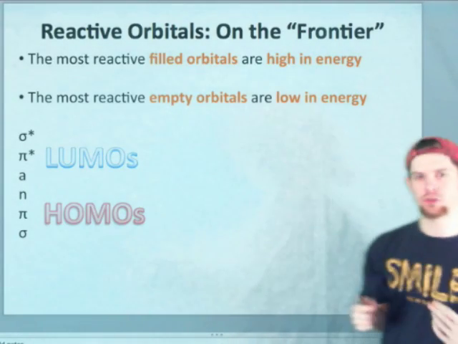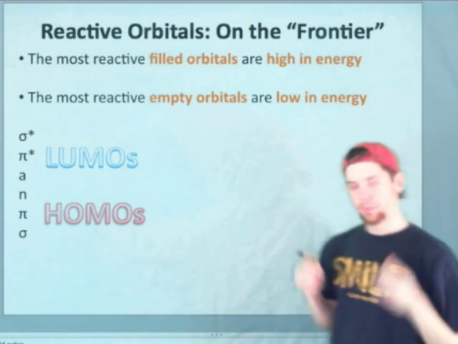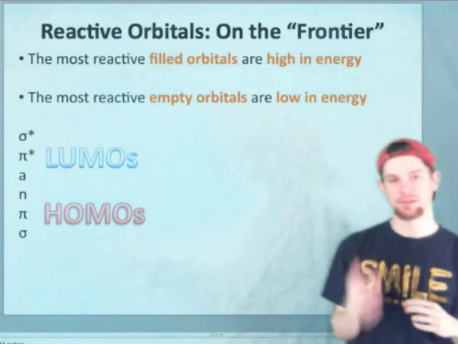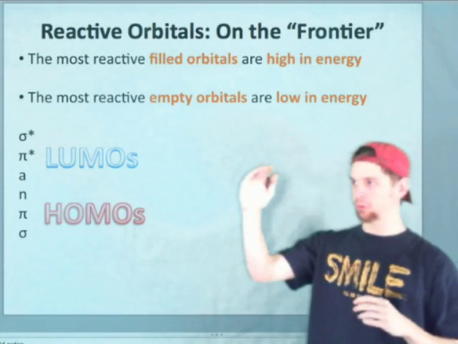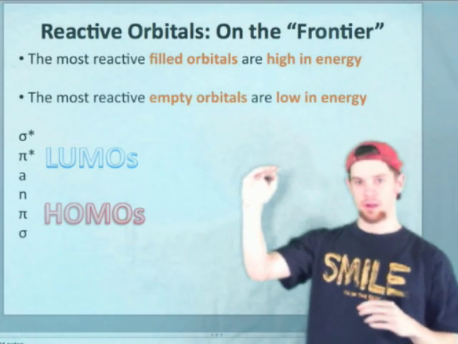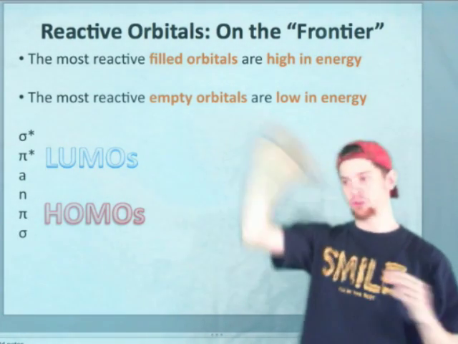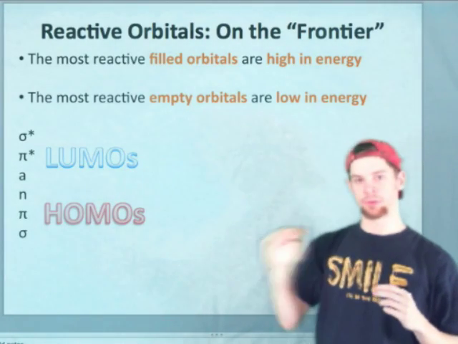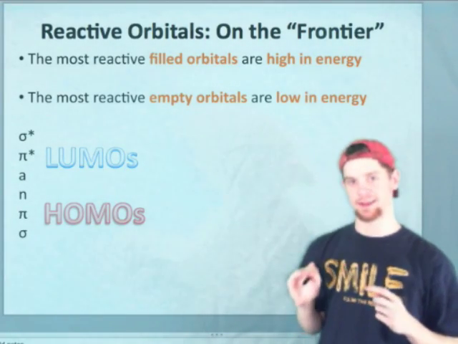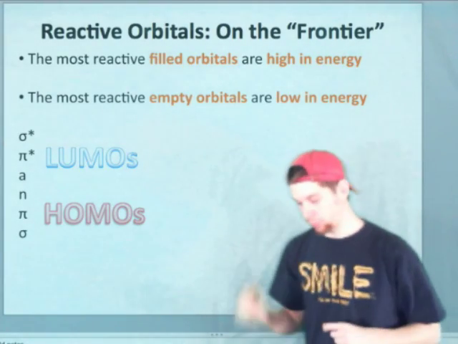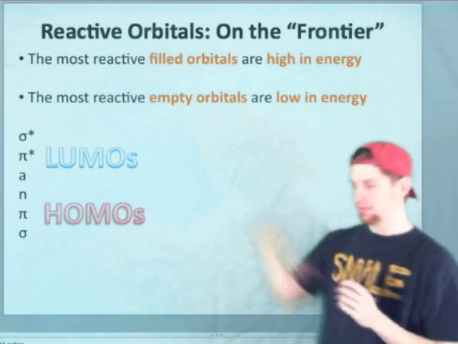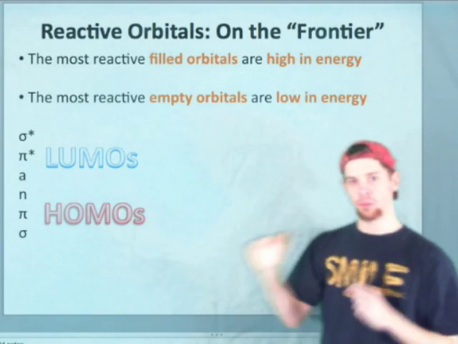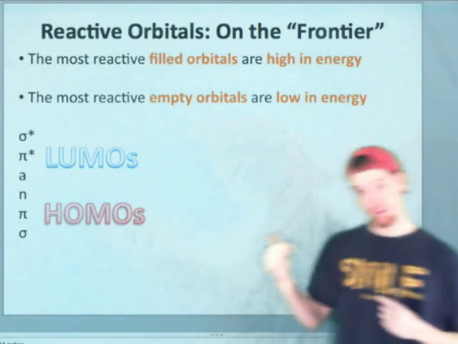I won't go into too much technical detail on this, but you should imagine that it makes sense on the basis of stability. Filled orbitals that are very unstable are going to be much more willing to donate electrons than orbitals that are lower in energy that contain electrons. Now, if the orbital does not contain electrons, then the lower in energy it is, the more willing it is to accept electrons.